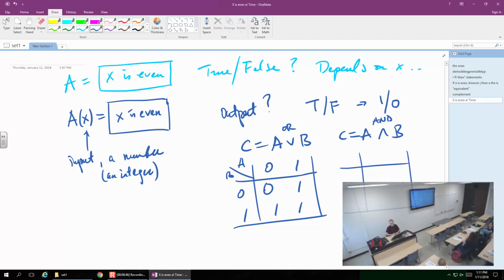Do you see any patterns here? Does it remind you of anything?